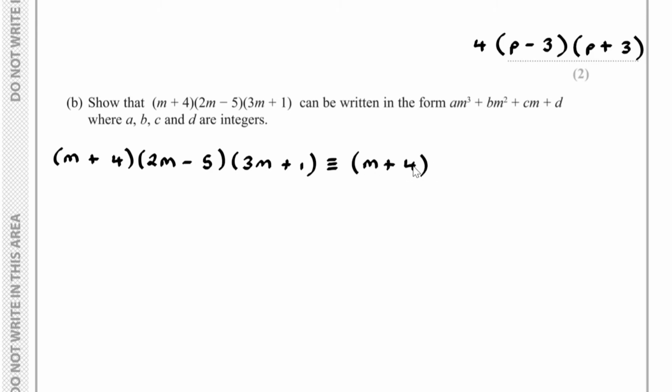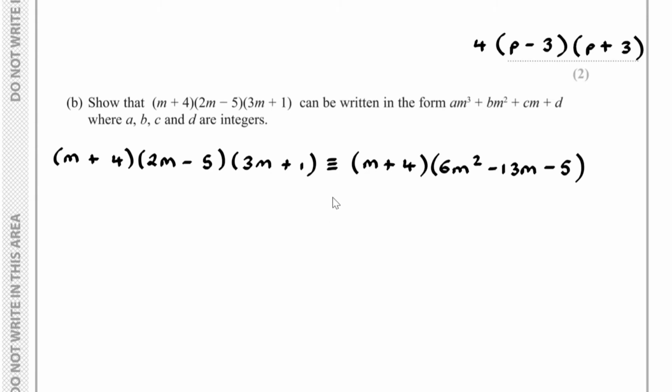So I've got m plus 4 multiplied by, well here 2m times 3m is 6m squared. Then I've got 2m times 1 and then minus 5 times 3m. So that's 2m minus 15m, which is minus 13m. And then I've got minus 5 times 1, which is minus 5.